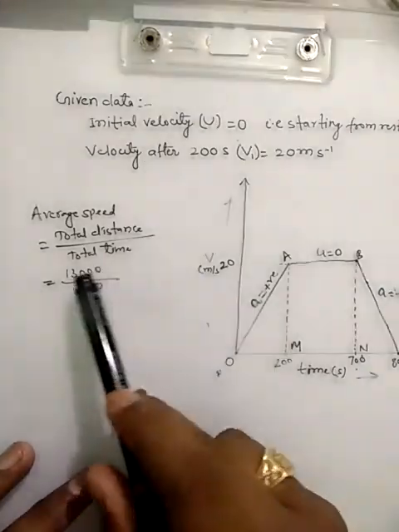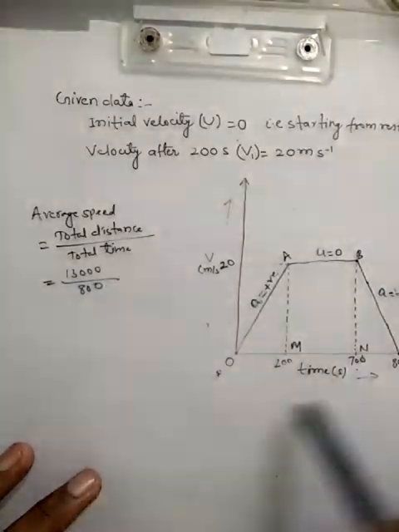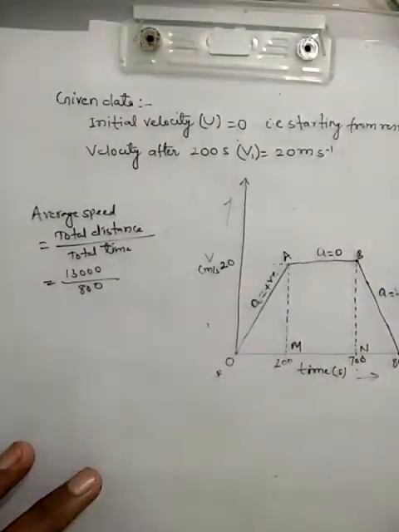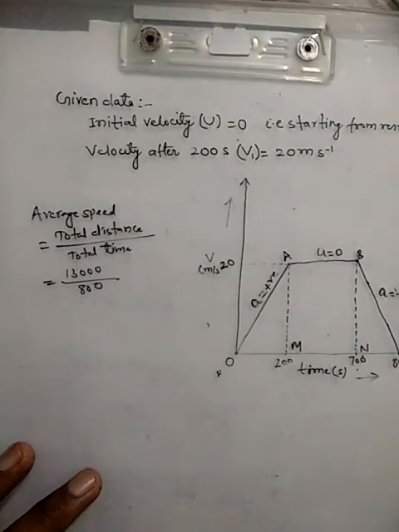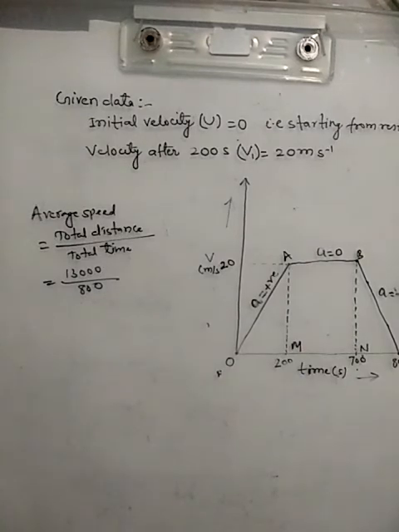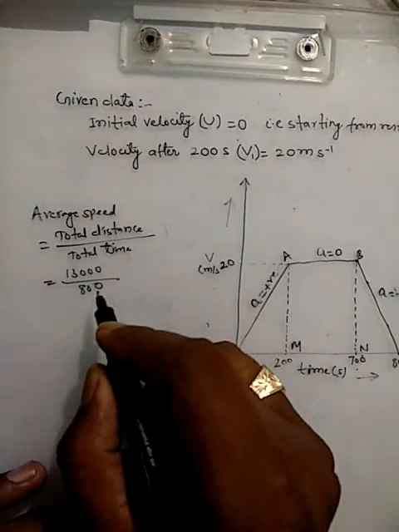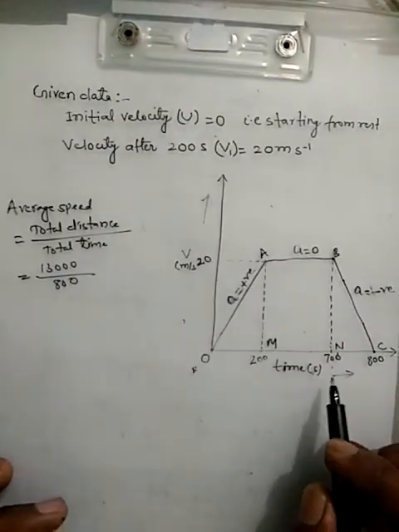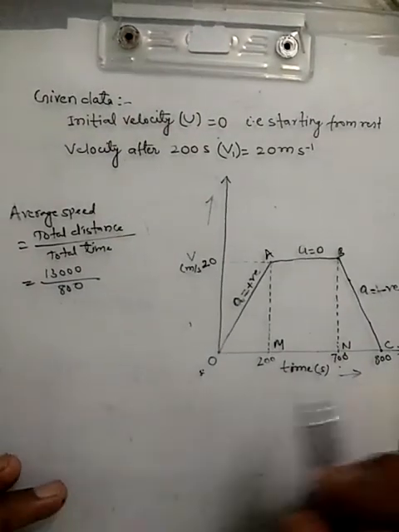The next part of the question is to find the average speed of the object during the motion, and we know that the average speed is equal to the total distance traveled upon total time. Here the total distance is 13,000 meter and the total time is 800 second.